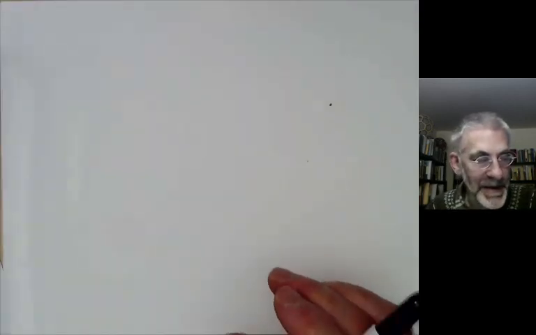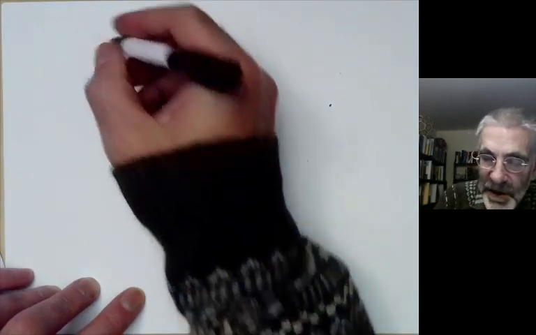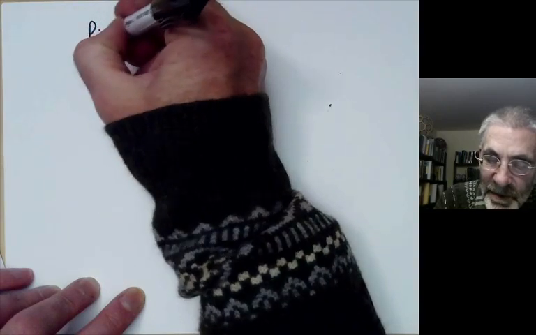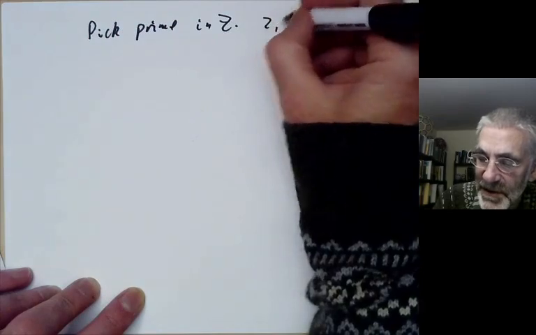So how do we do this? Well, we're going to show that the content of f times g equals 1 by showing that no prime divides it. So let's pick a prime, and here I'm going to pick a prime in Z, so 2, 3, 5 and so on.